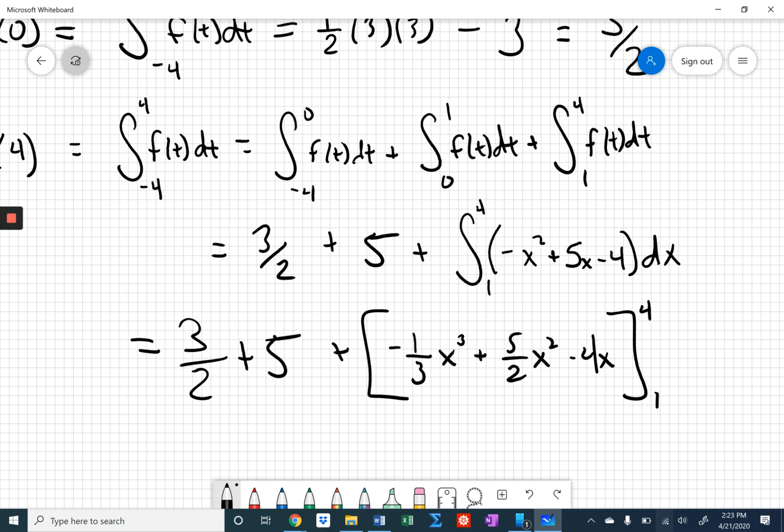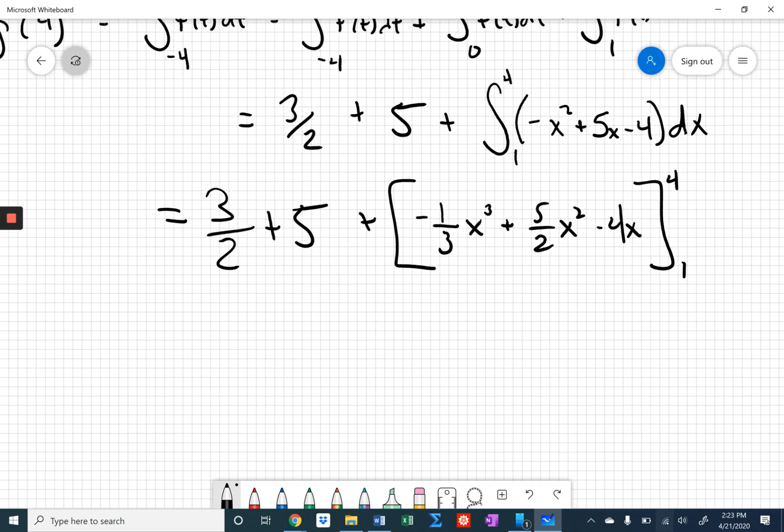Can't stop there. They don't take that as a sufficient place to stop. So you're going to have to plug in 4 and plug in 1 and subtract. If I plug in 4, now again, you can just do this because that's the same thing. You don't actually have to work it out. 4 cubed is 64, but you don't have to do that.